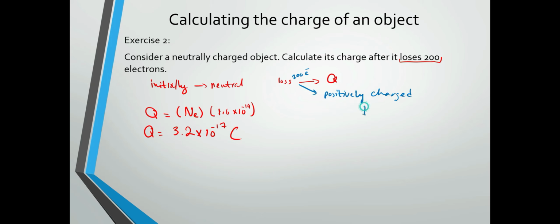It lost electrons, so the number of protons in this case is greater than the number of electrons. So it lost 200 electrons, then the number of protons is 200 more than the number of electrons. Later on we will see how we solve such type of questions in a different way.